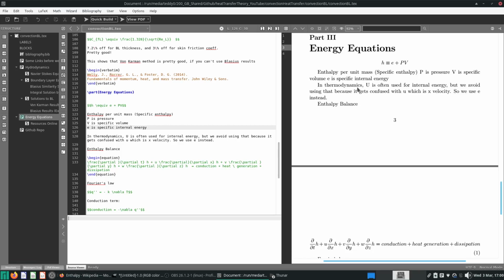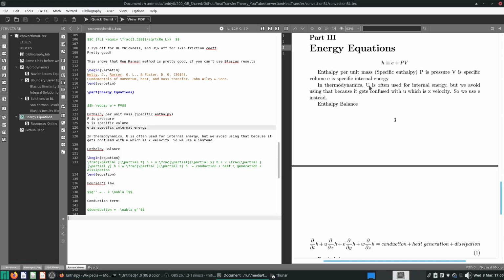In thermodynamics we often like to use the symbol U for internal energy. When we do our thermodynamic correlations, our Maxwell equations, we like to use dU equals TdS minus PdV, something like that.